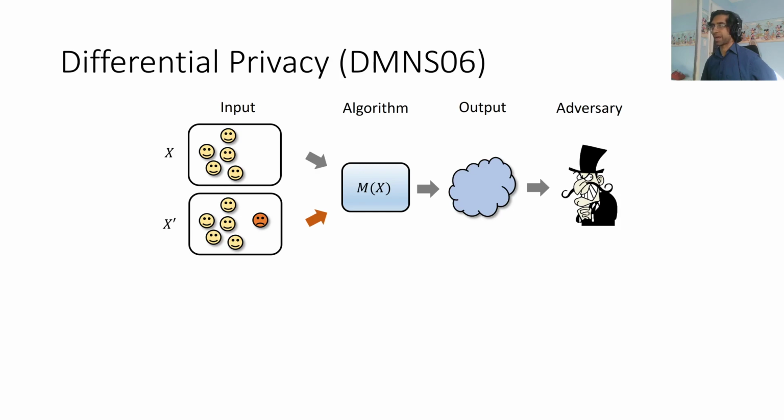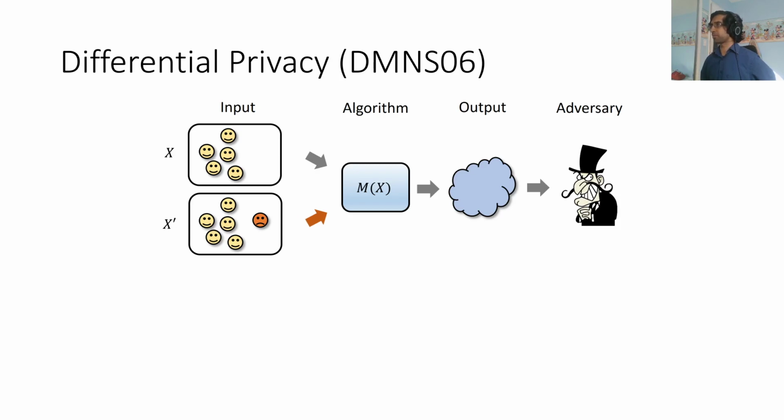Was it the dataset X shown over here? Or was it this dataset X prime, which is identical to X, except it differs in the addition of just a single individual to the dataset? So they have to determine which of these two datasets was fed into the algorithm, and they're trying to get a significant advantage over just random guessing.